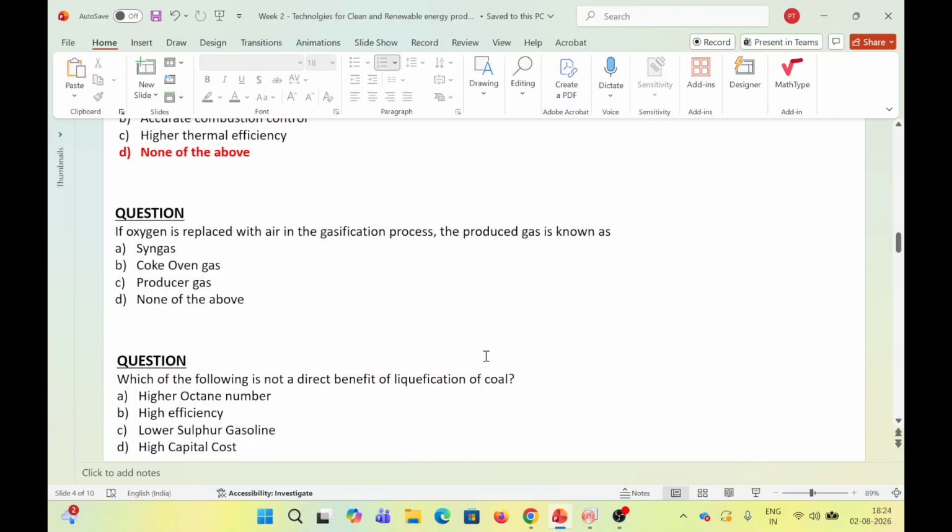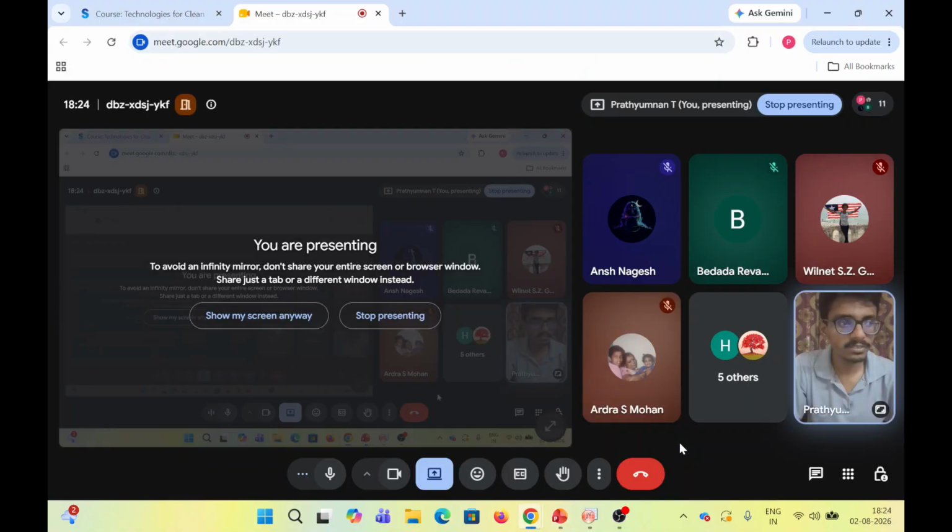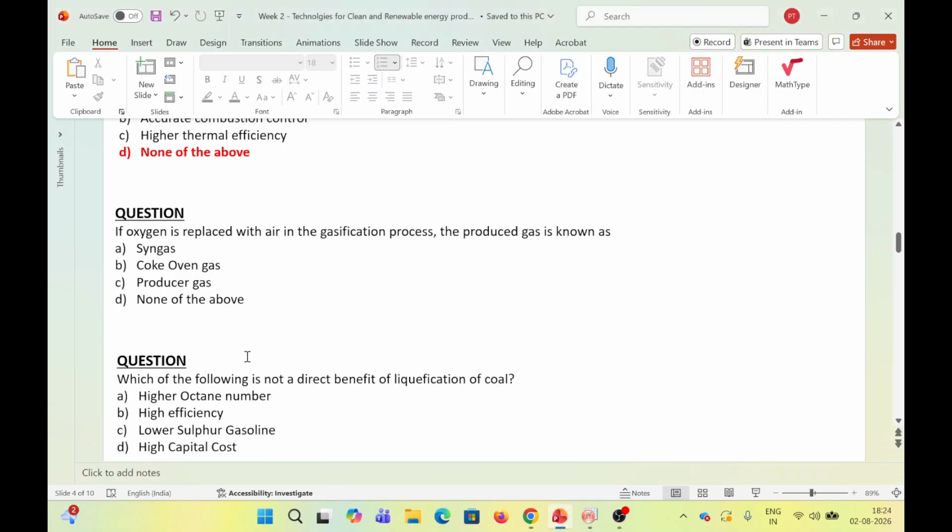So the produced gas is known as, anyone? Producer gas.